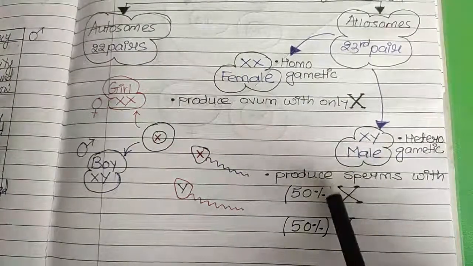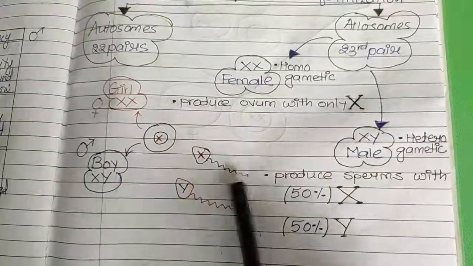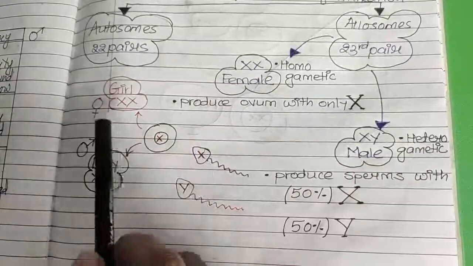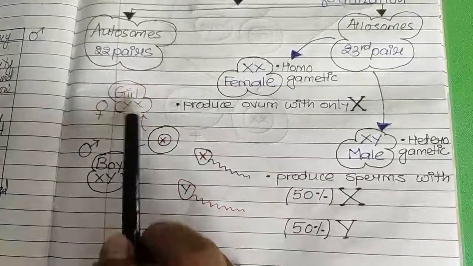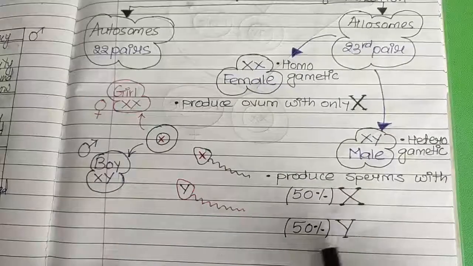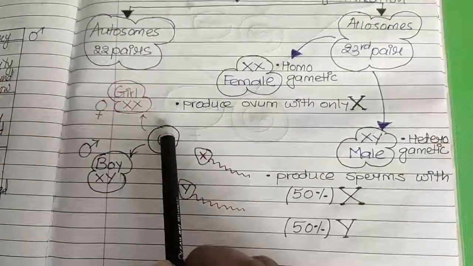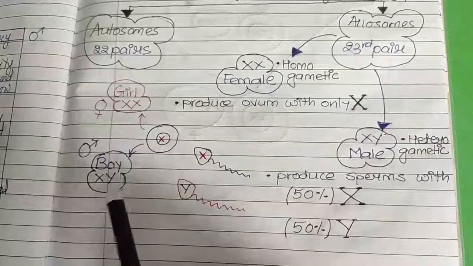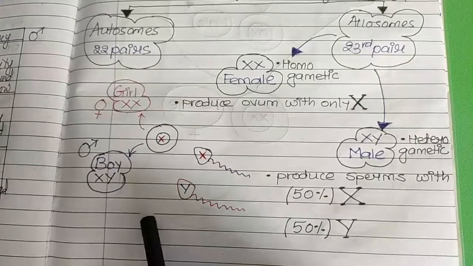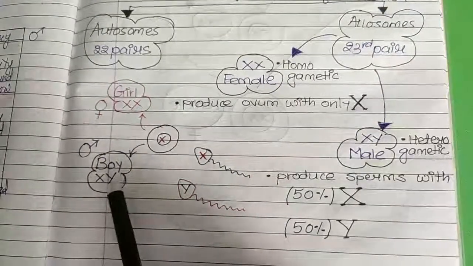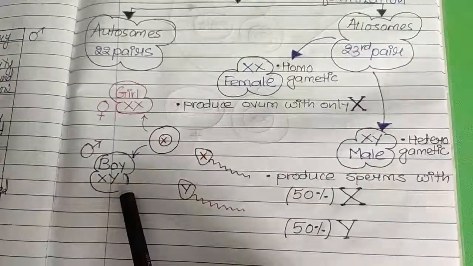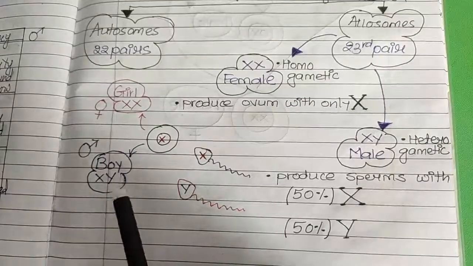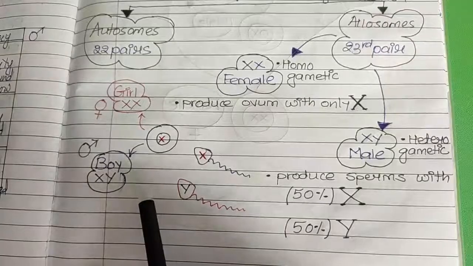If an X chromosome containing sperm cell fertilizes the egg, then both X together will form a female. And if a Y chromosome containing sperm fertilizes the egg, then X and Y together will make a male or boy. Why is it so? Because here Y is dominating. Dominating means it will suppress the expression of X and express itself.